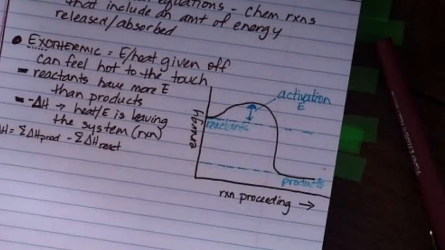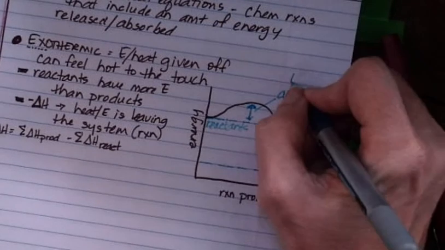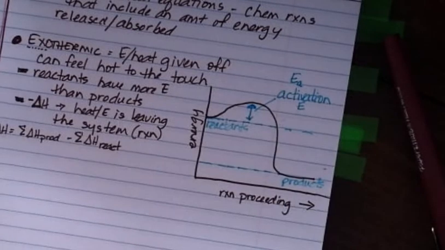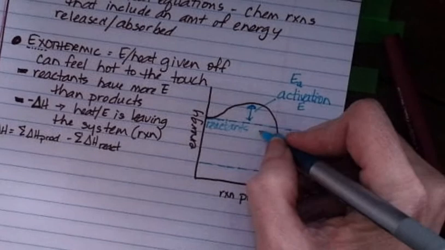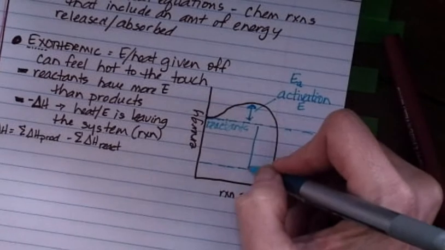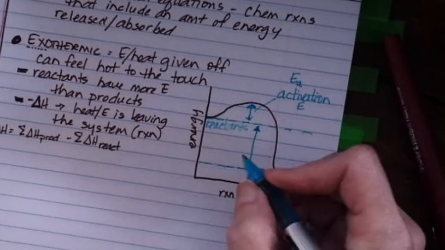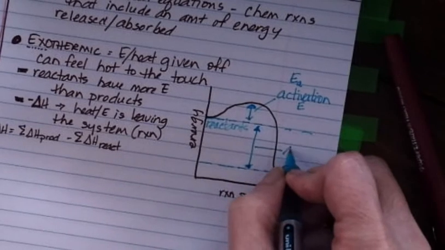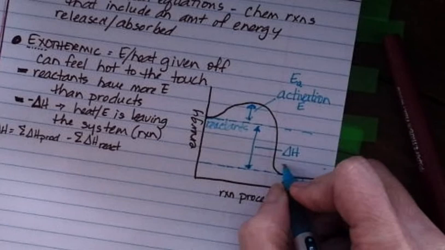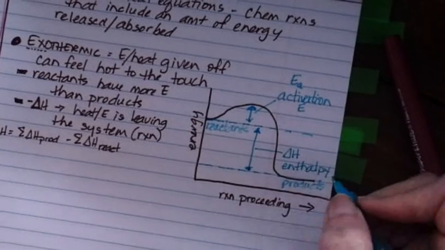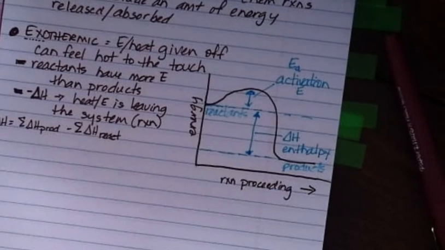A lot of times they abbreviate it as capital E with a little subscript A, activation energy. And from here down to here, from the reactants to the products, this is called delta H, the change in energy or the change in enthalpy. Enthalpy is the heat. Heat is just a specific type of energy here.